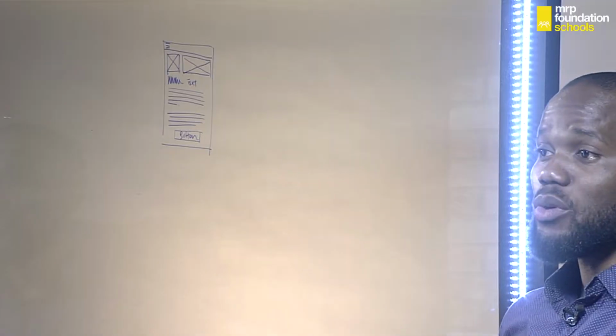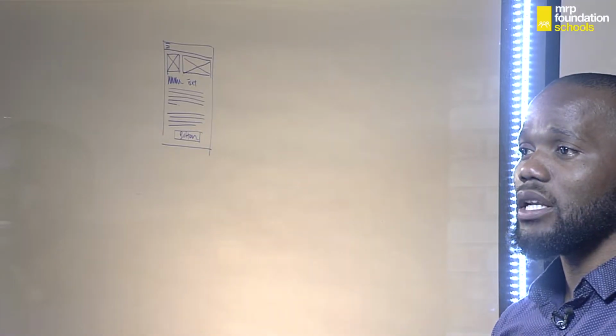Once I have this, I can have another version of my wireframes, which can now turn into a prototype. So if I have a higher fidelity wireframe, which is just the same version but using a computer to create it, you will have specific links to the software or the website where you can go and download them and start practicing for yourself.